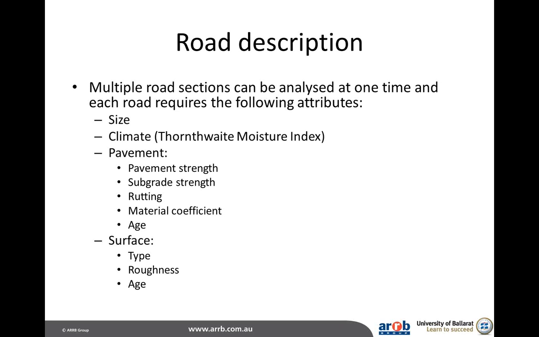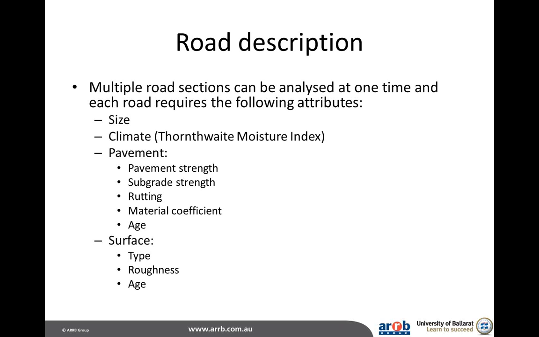Each road requires attributes such as size, in terms of length and width, the climate, which is typically specified using the Thornthwaite Moisture Index, pavement details such as strength and rutting, material coefficients and age, and surface characteristics such as the type and the roughness and the age of that surface. Each of the various road sections requires this information.